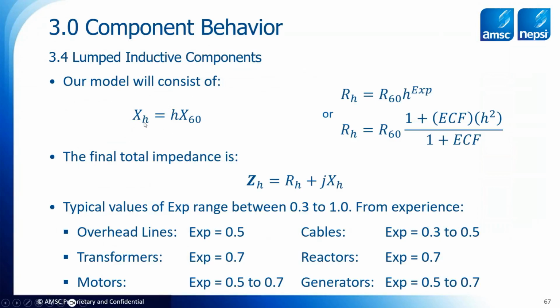The reactance at any harmonic H is H times X at 60, or 50, or whatever your frequency is on your system. And you can choose one of these types of models, and there may be even more models for modeling skin and proximity effect. But these are the 2 that I'm most commonly associated with, or that I've worked with in the past.